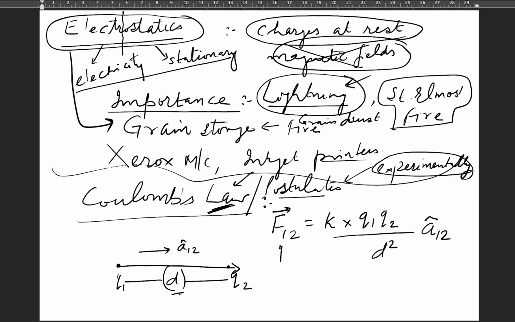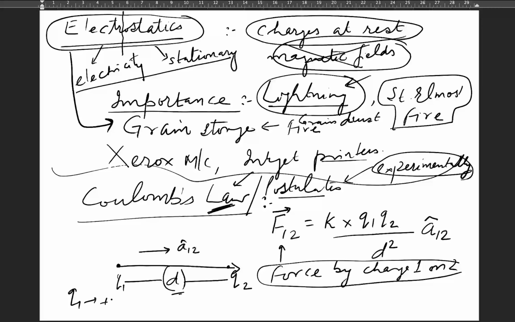As we can see, if Q1 and Q2 are of the same sign, meaning Q1 is positive and Q2 is positive, what does it say? It says that F12 will be positive, meaning the force on Q2 due to the charge Q1 will be on the right hand side, meaning it will repel.